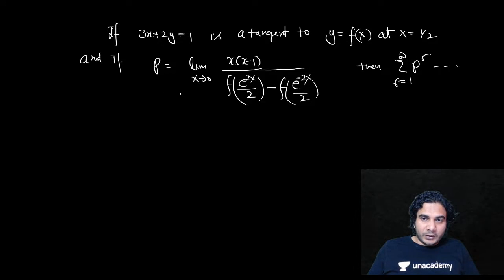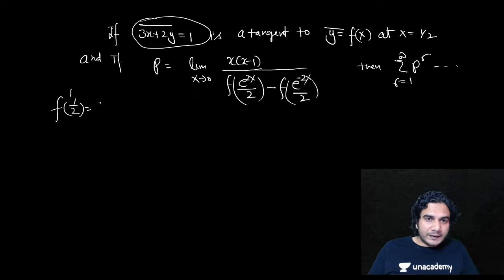So if this line is tangent to this curve, that means we can write f dash of 1 by 2, which is the slope of tangent. Slope of tangent is minus 3 by 2. And to find the limit, it is 0 by 0 form, so you can differentiate it.